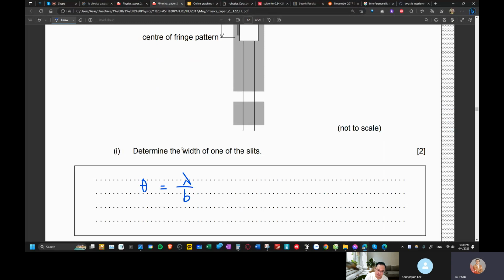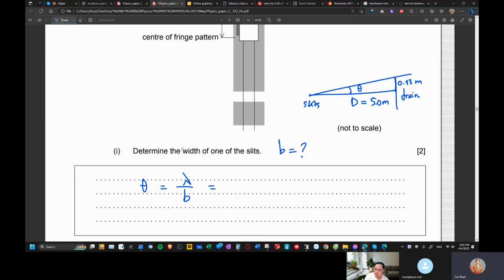B here is the width that we need to find. So we need to find the angle theta. The distance D from the slit to the screen is 5 meters. And this distance between those maxima is 0.13 meter.